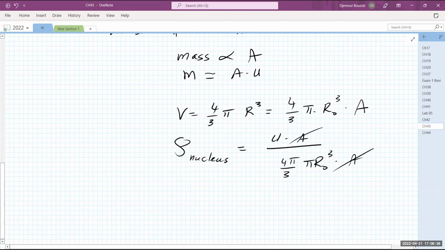It's an experimental observation that the density doesn't change from nucleus to nucleus.